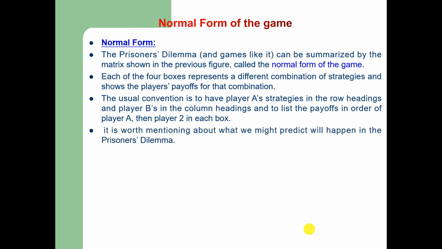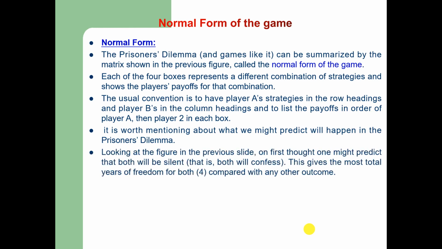It needs to be mentioned what we might predict will happen in the prisoner's dilemma. Looking at the matrix in the previous slide, on first thought, we may predict that both will be silent. That is, both of them will not confess.